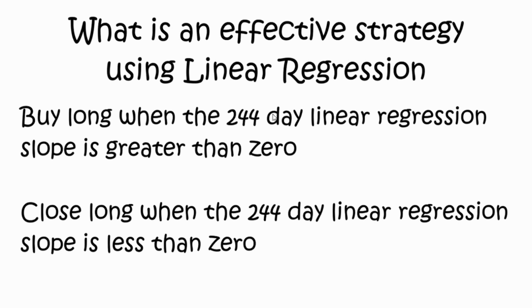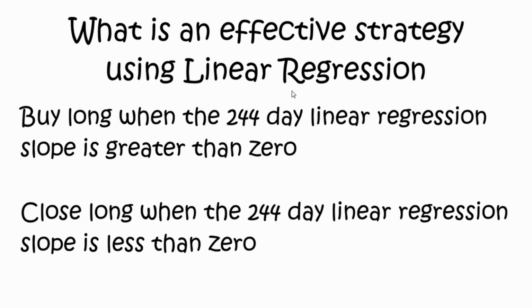What is an effective strategy when using linear regression? Now, as with all indicators, I do not recommend that you use linear regression on its own. It should be used in conjunction with many other indicators. But if you were to only use linear regression, one strategy I've found successful is to buy long when the 244-day linear regression line has a slope that is greater than 0.